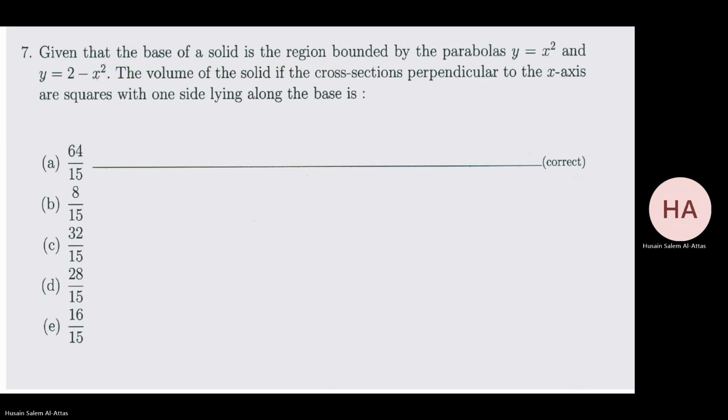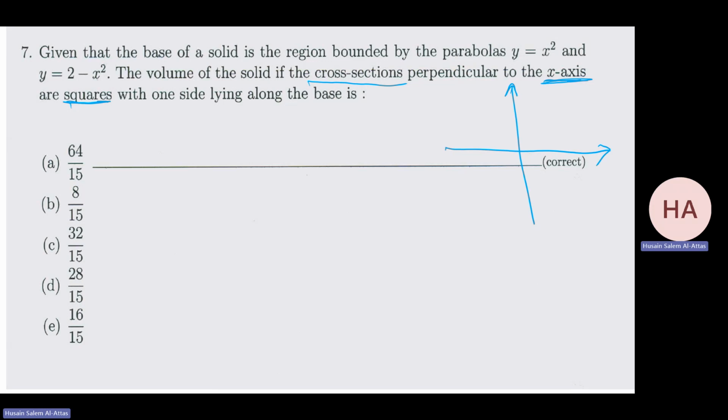Okay, move to the next one. Now I have the base, and the cross sections perpendicular to the x-axis, so I'll work in terms of x. They are squares. Now let us see the base. Let me graph the functions and see which one is above the other.